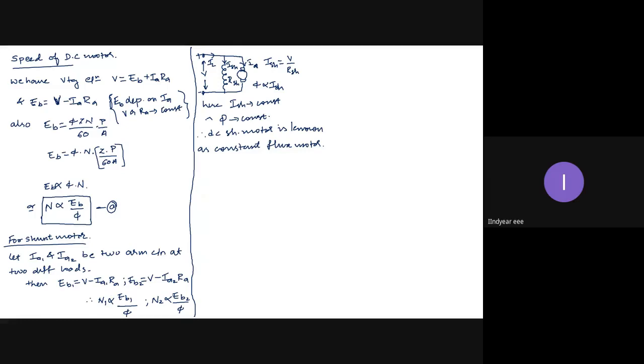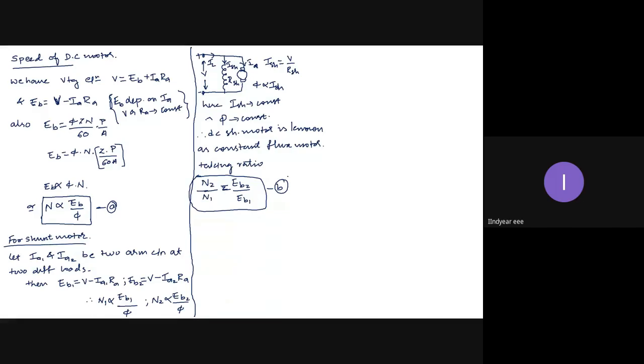Taking the ratio, N2 by N1 is equal to EB2 by EB1. So this is one more important relation you have to remember. Let this be equation B.